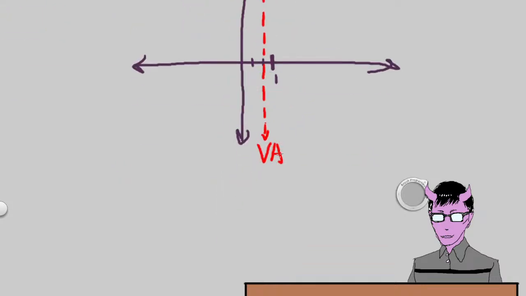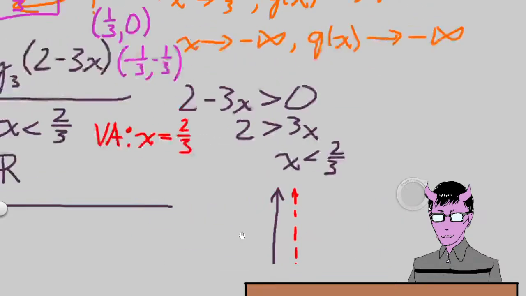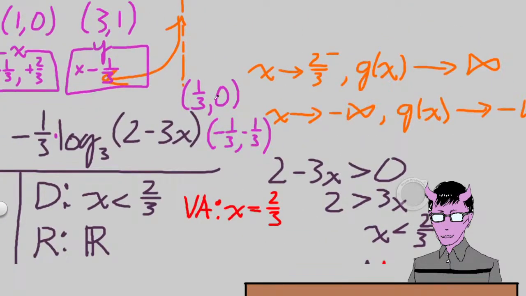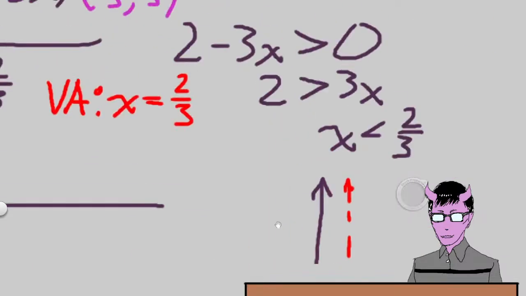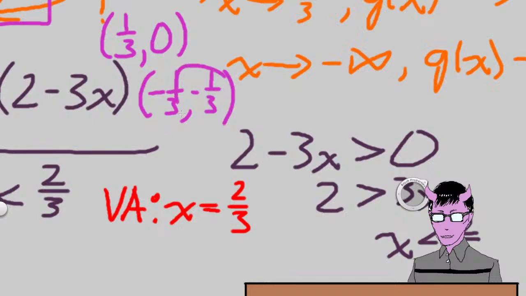That is the vertical asymptote. X is equal to, the wall is 2/3. Kind of awful anchor points, honestly. 1/3, 0. Negative 1/3, negative 1/3.